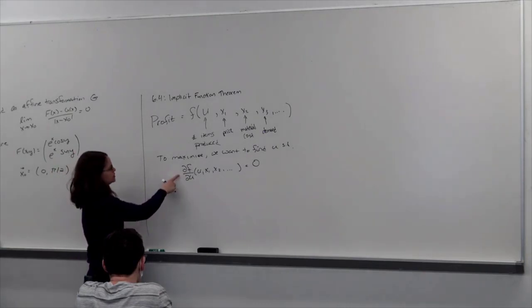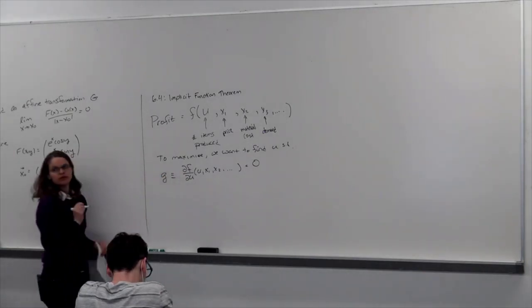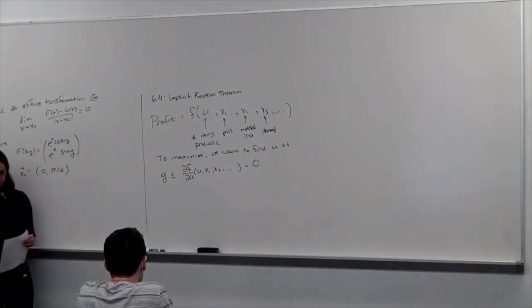Okay, let me call this function g. So g is going to be defined as df/du, and we want to set g equal to 0.